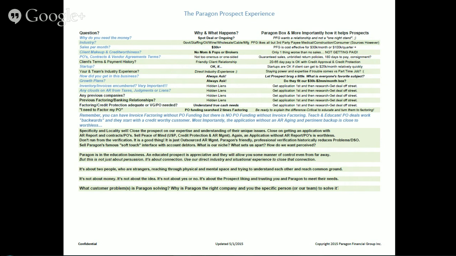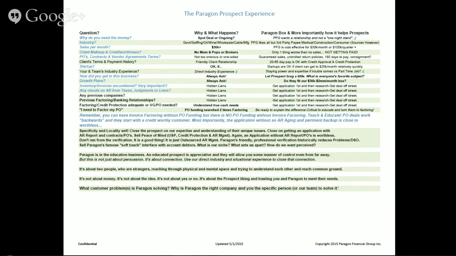Or, oh, no, that merchant cash, they didn't follow UCC. Well, my guess is at least half the applications we get, there's a lien on them, from a legacy lien from another lender. So, one thing, as you can see to the right of hidden liens, it says get application and then research. We want to get the deal off the street so that we have first chance, or you have first chance at funding, so we can all get paid.